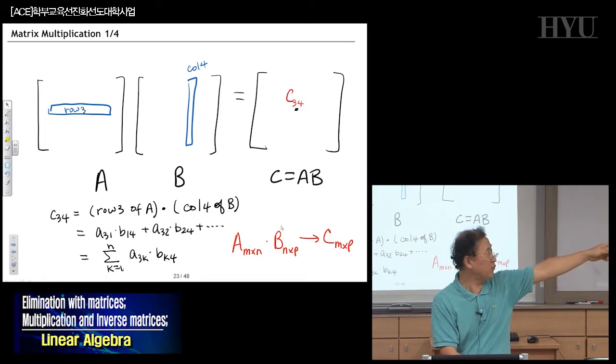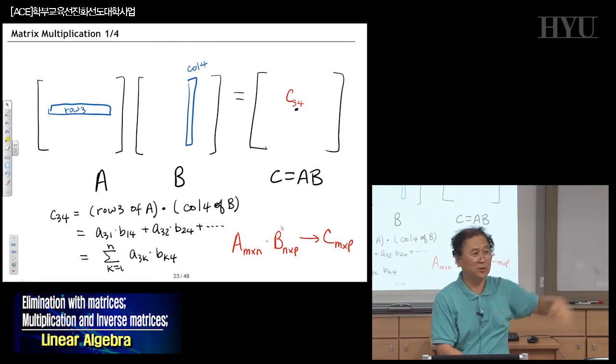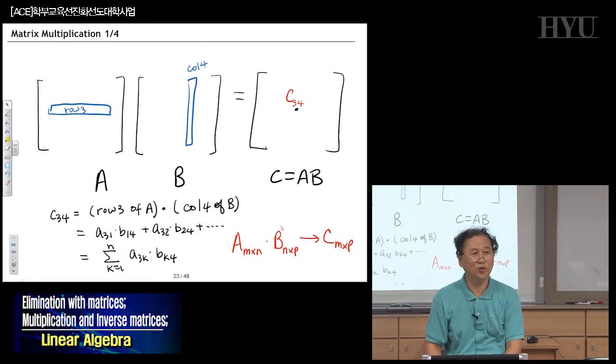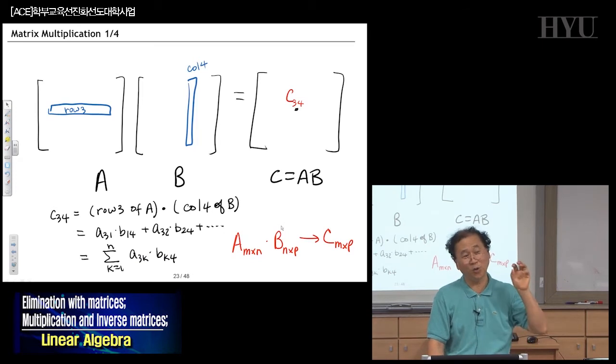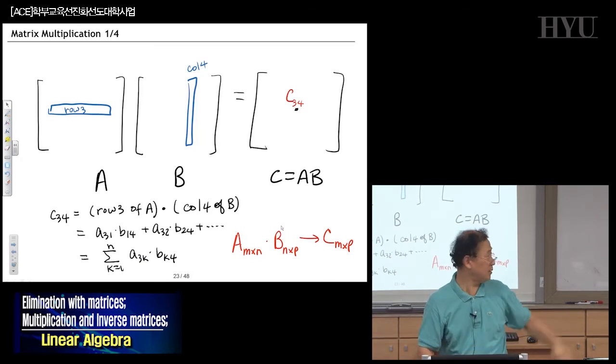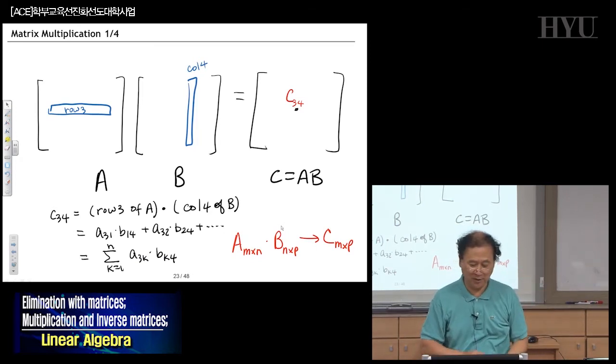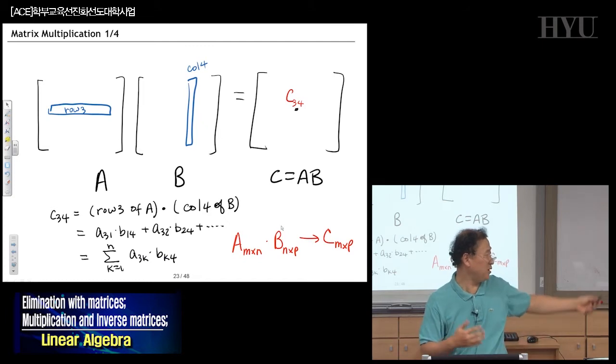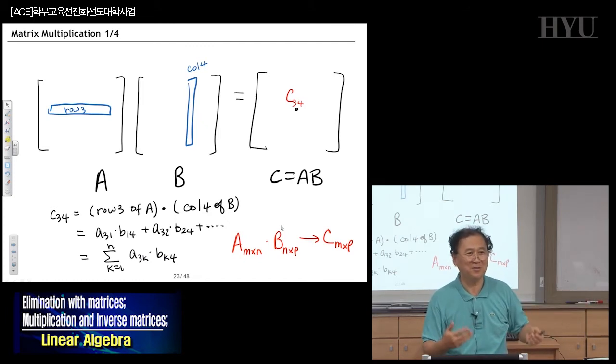That's the way you can find each entry. In order to get, let's say, C2,5, that is row 2 times column 5 as an inner product. The first one is just the representation as an inner product; then you can expand it as a summation form.